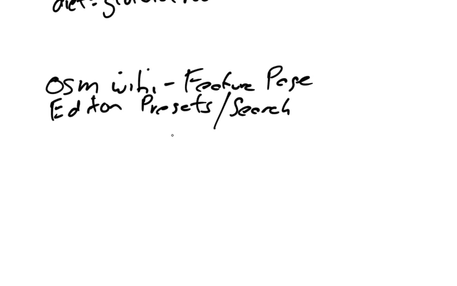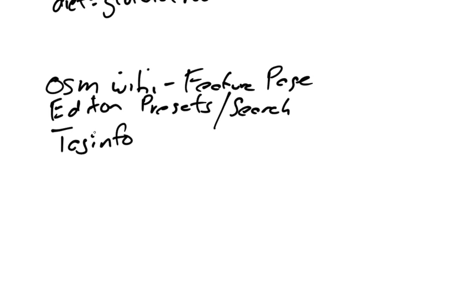And then lastly, if you're not sure about a key and it's not in the editor presets, and there might be multiple keys that represent the same thing, you can use taginfo, which again I'll link to all these.